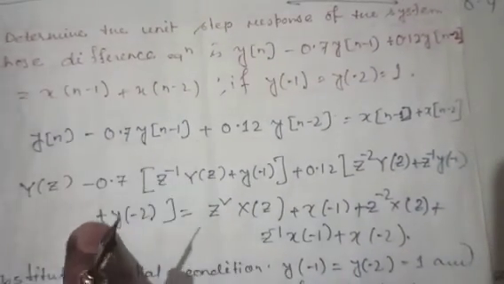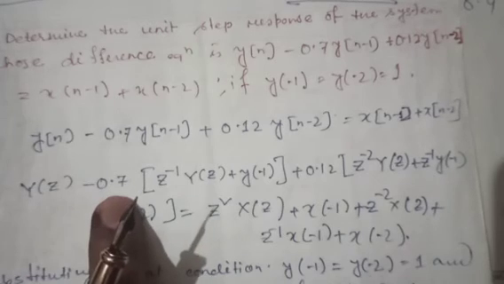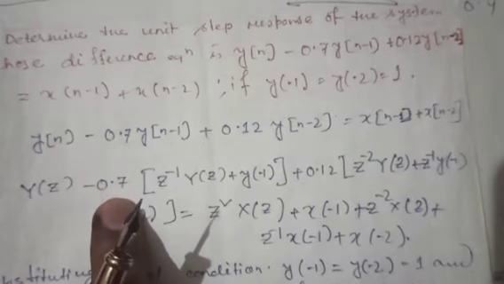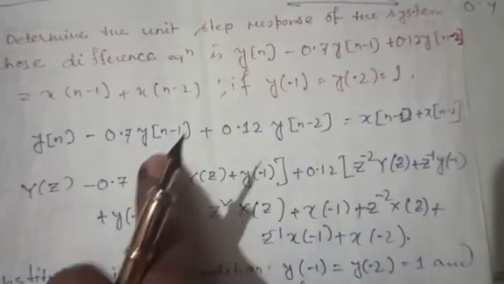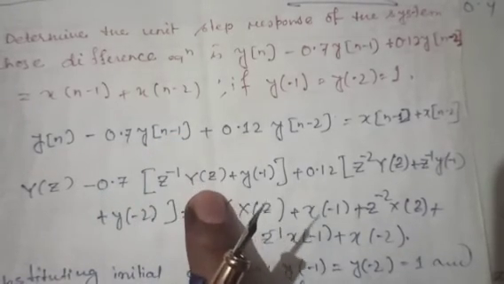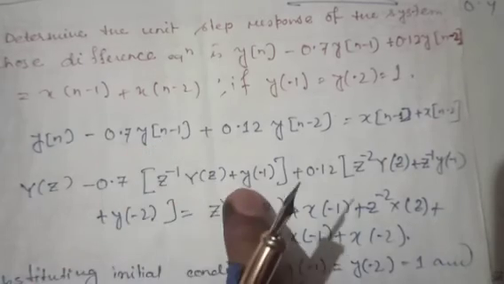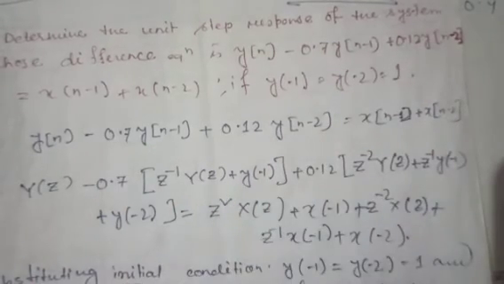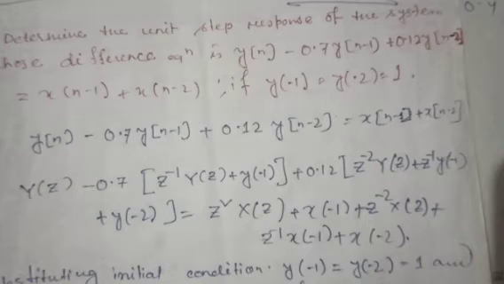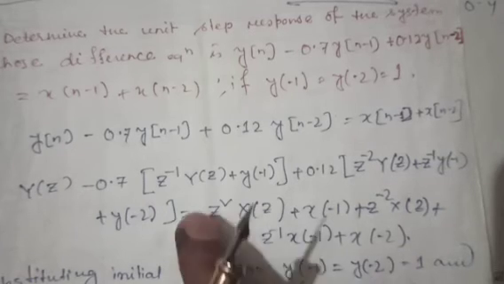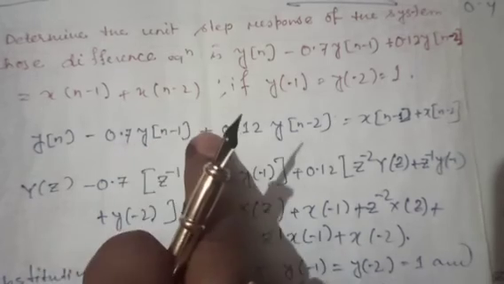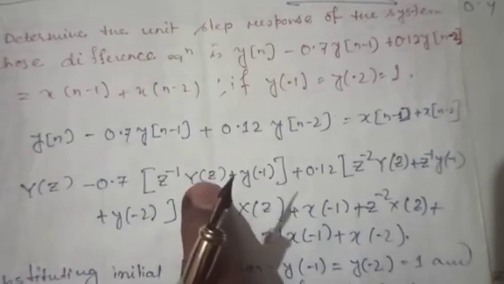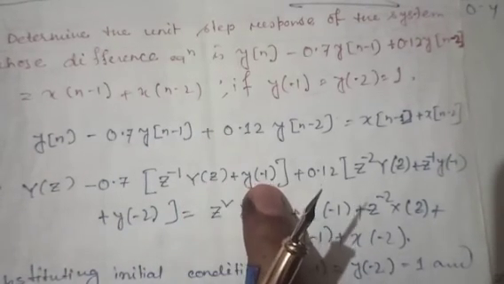So simply taking the Z transform on both sides of the given difference equation, it is y of z minus 0.7 y of n minus 1, for that it is z inverse y of z. But since initial conditions are given, the system is not initially relaxed. So in general we write z inverse y of z, but practically it is z inverse y of z plus y of minus 1.